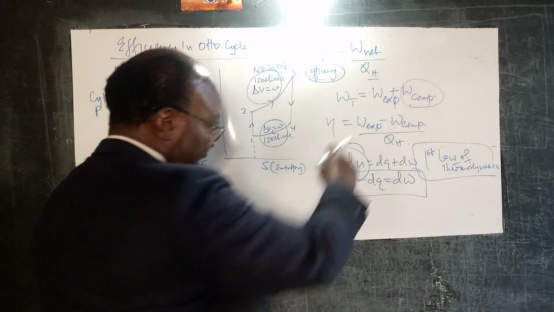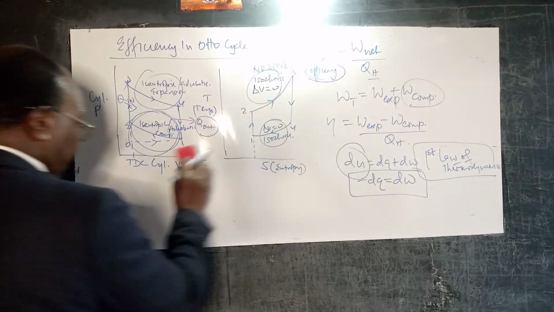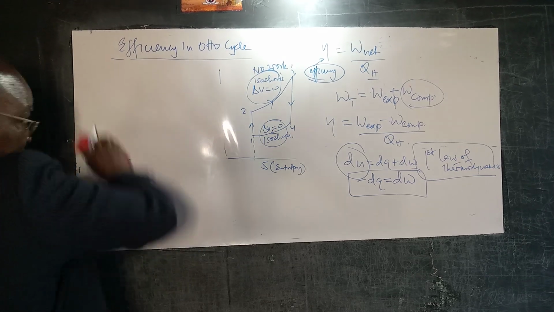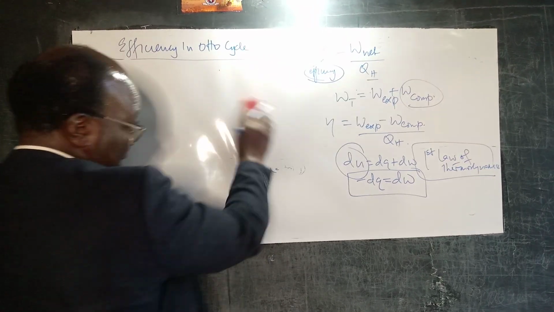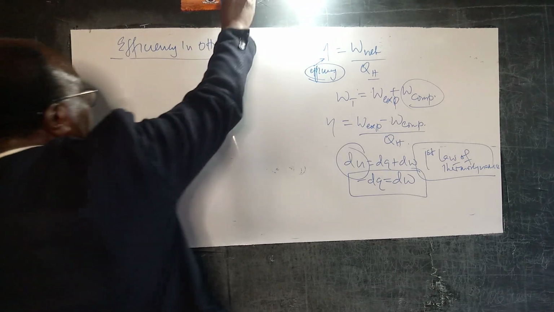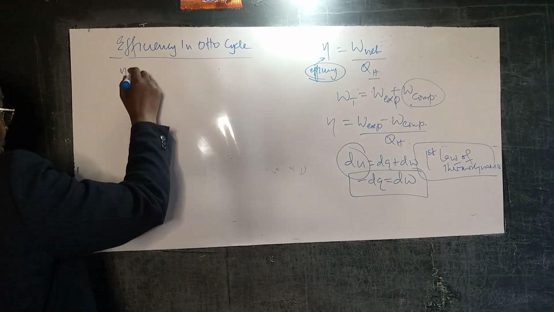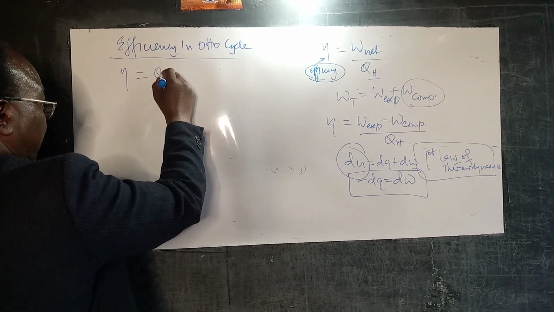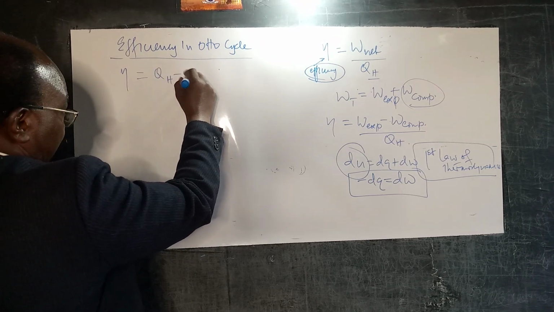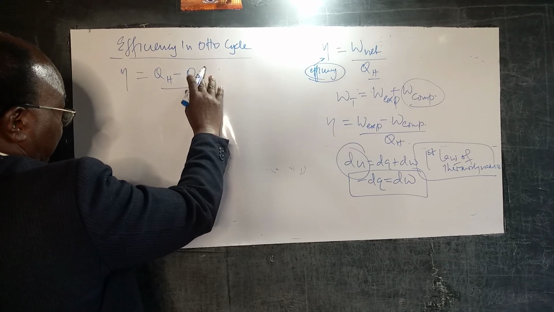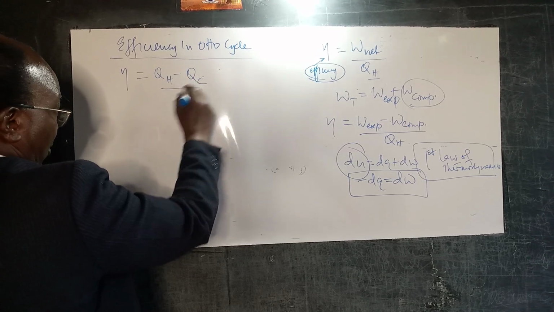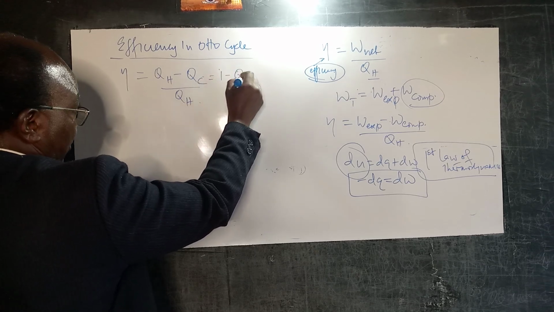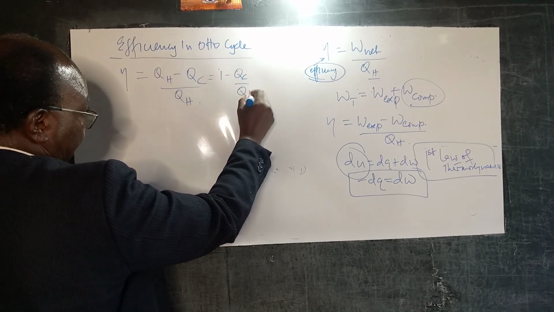So you can still express the efficiency eta as QH minus QC over QH, which is 1 minus QC over QH.